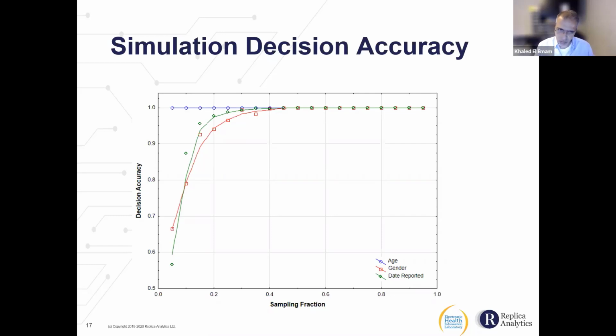And of course, more analysis has to be done to increase the weight of evidence and so on, but this just illustrates the potential here for what you can do with this type of data.